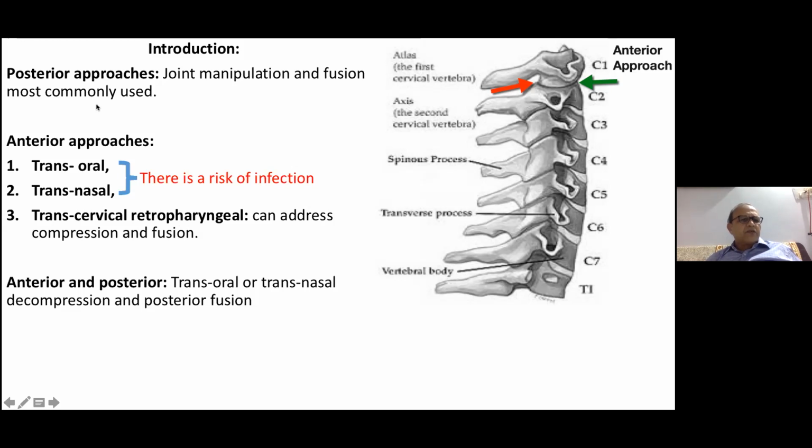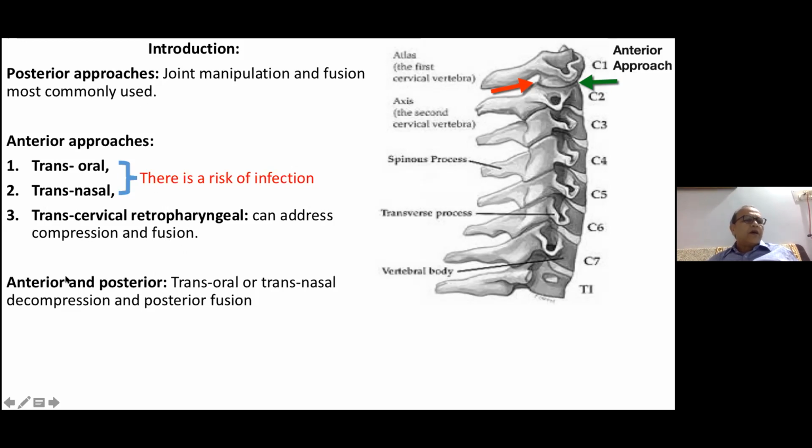In fact, there were anterior and posterior approaches, and most anterior approaches were only for either a release of contractures or decompression, and then the posterior fusion was done from posterior side.